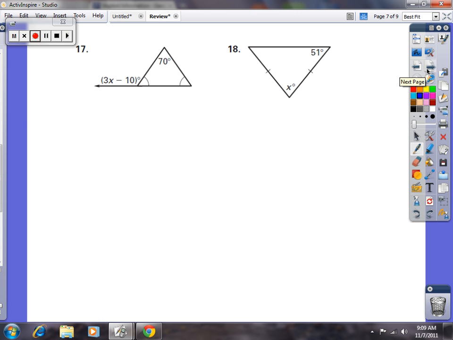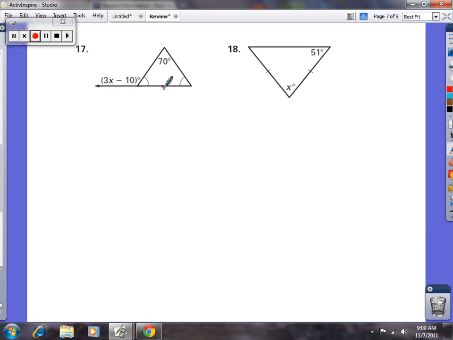Okay. Can you get 17 and 18? Devin, what is jumping out at you about 17? Alright, two congruent angles. It's an isosceles triangle. So this side is going to be equal to this side.